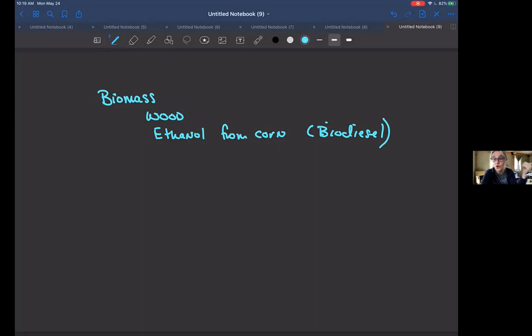So we might have to use fertilizers, we have to use water, we have to use machinery that runs on fossil fuels, maybe. And so perhaps biodiesel is not necessarily as sustainable as we would like it to be. Okay, so remember the idea of sustainability is that it is being generated faster than it is being depleted.